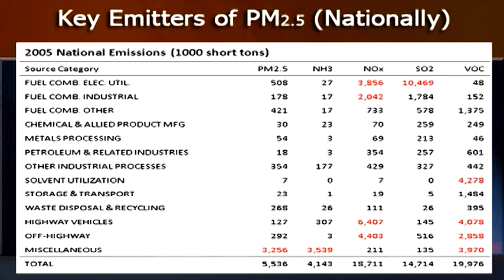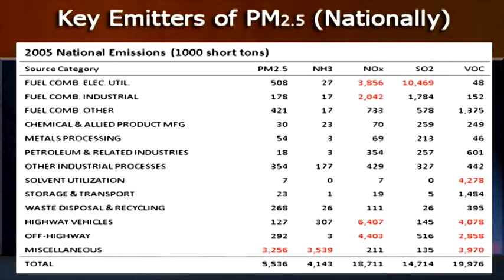The main source categories for each pollutant are highlighted in red. Nationally, in 2005, direct PM2.5 emissions are about 5.5 million tons a year. Precursor gas emissions total 10 times that much. But remember, only a fraction of the precursor gas emissions are actually converted into particles.